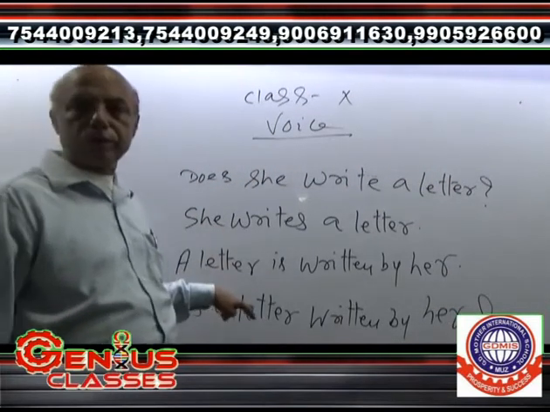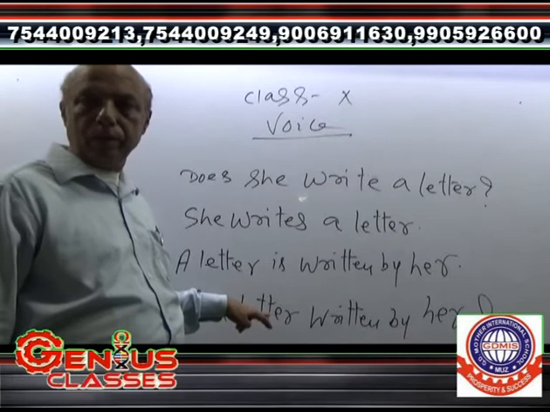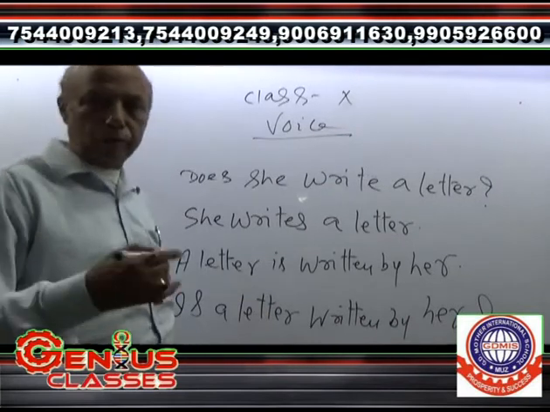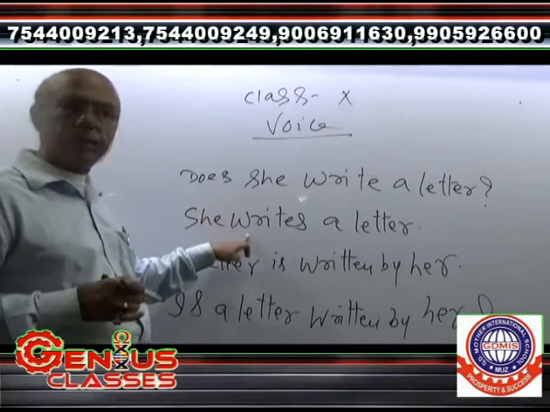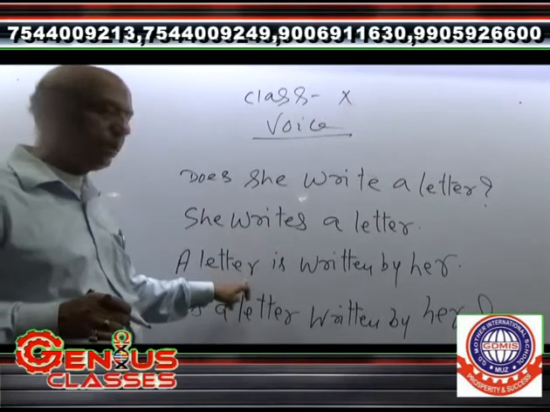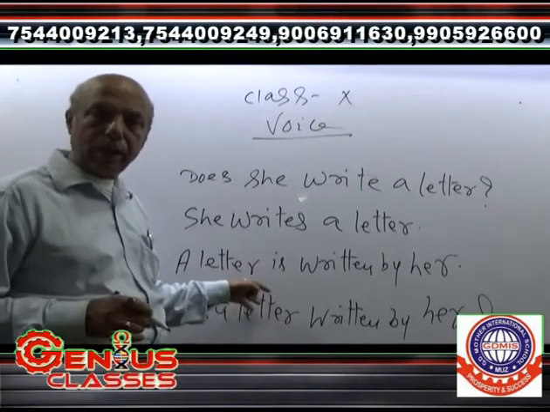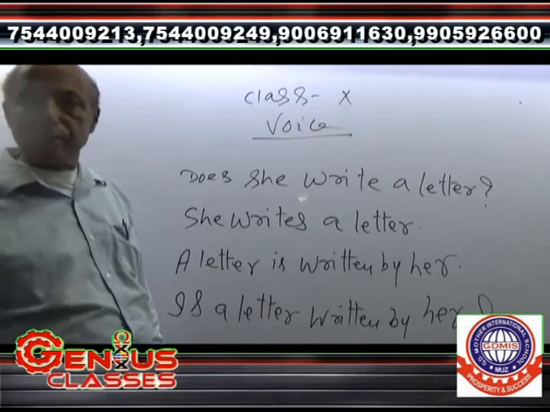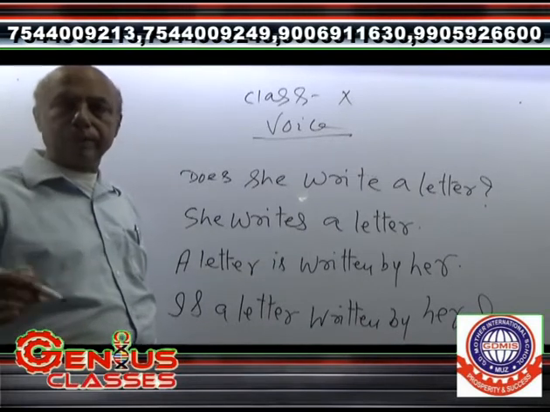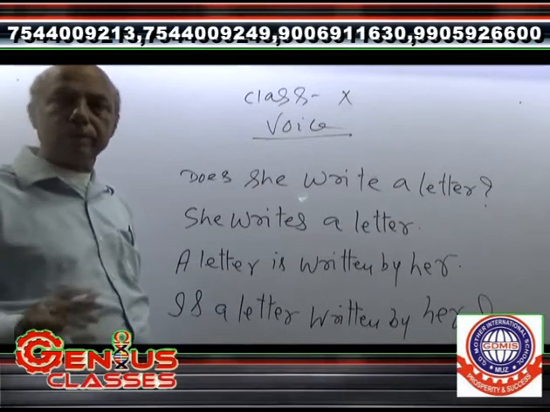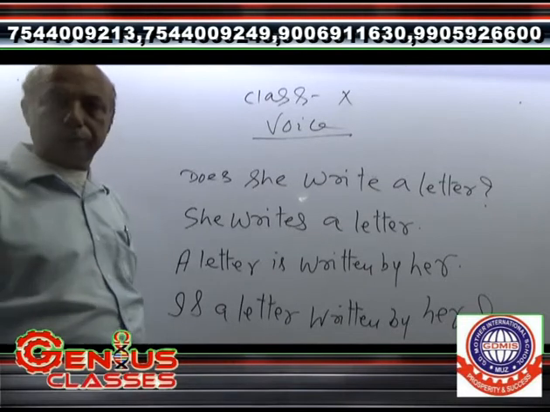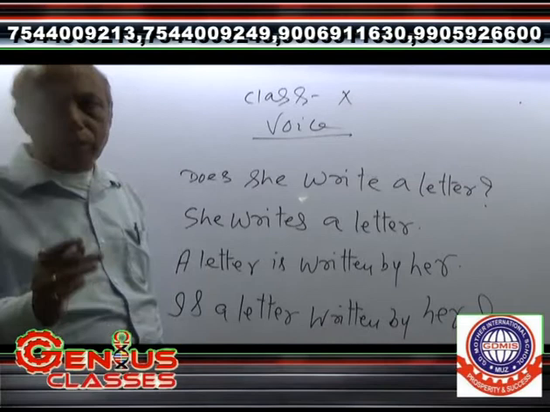This is the process of changing from active to passive of interrogative sentences. First of all, the interrogative is made assertive. That assertive is changed into the passive voice, and again that is changed into interrogative. After it, we get the interrogative sentence changed from active into passive.